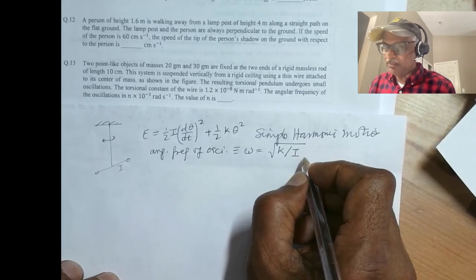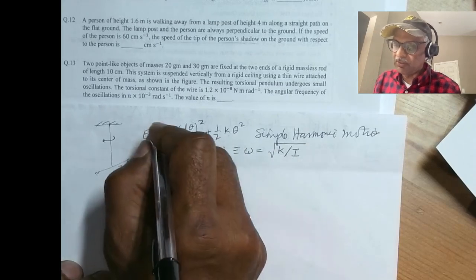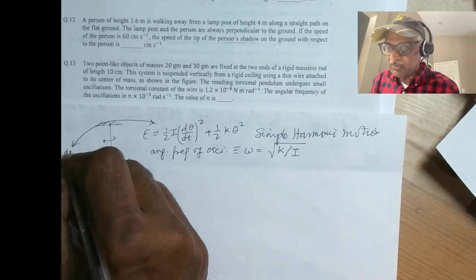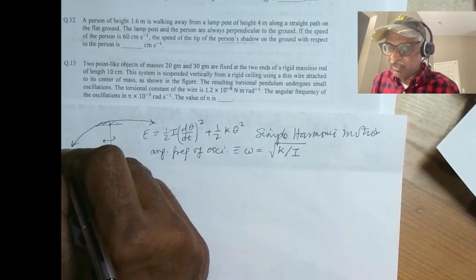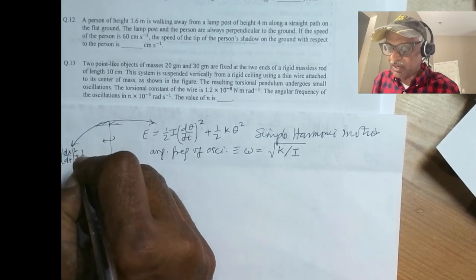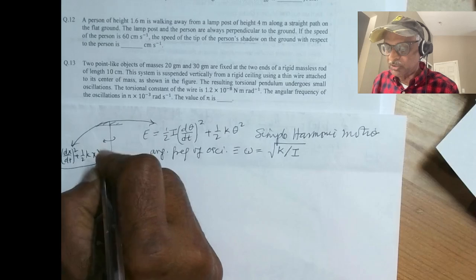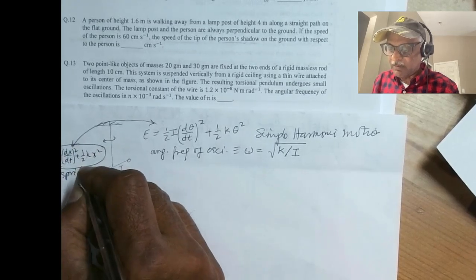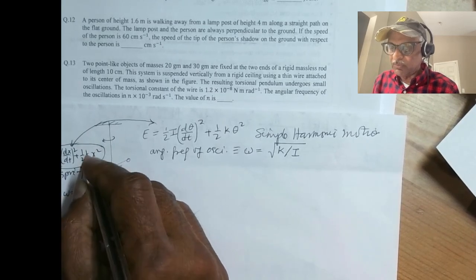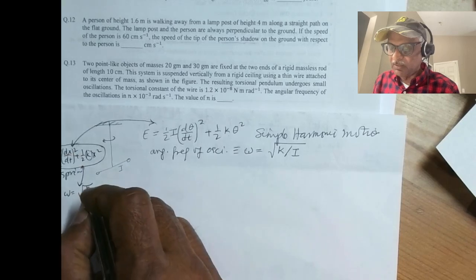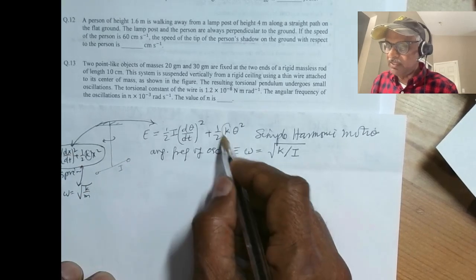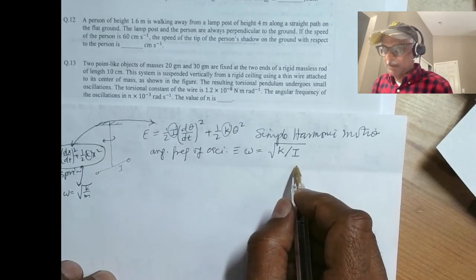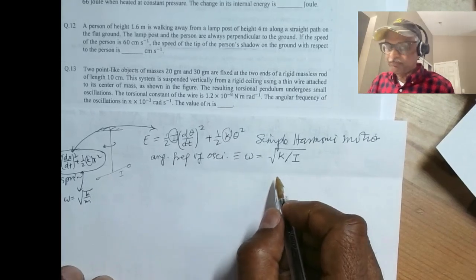So how do I know that right away? Well, you just compare that with half m dx dt squared, the kinetic energy, plus half kx squared for a spring motion. There omega is the square root of k over m. So exactly this number over that number, except the I here has to be calculated.